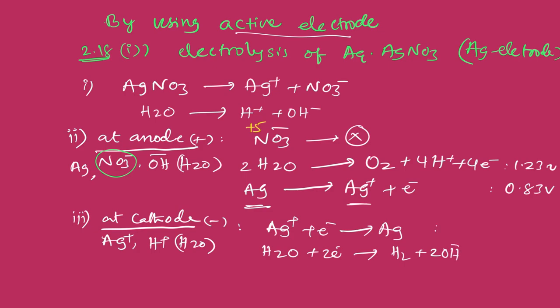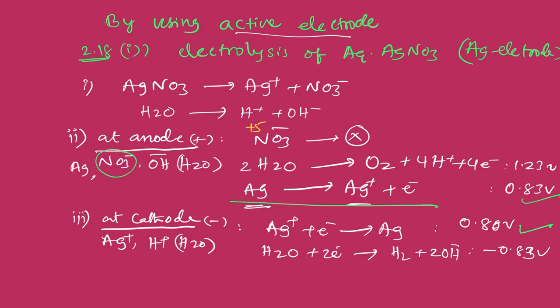Ag plus converted into Ag, electrode potential 0.83 volt, and this H2O converted to H2 and OH minus, minus 0.83 volt. So the higher value is reduced first. Therefore, here the preferable reaction at anode is this one. At cathode the higher value is preferable, this one.